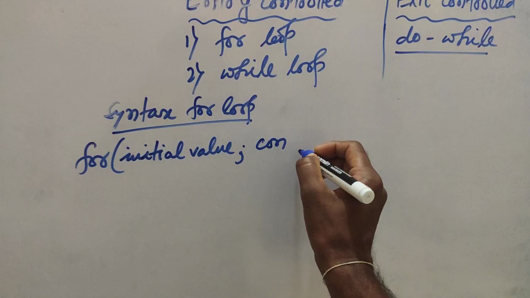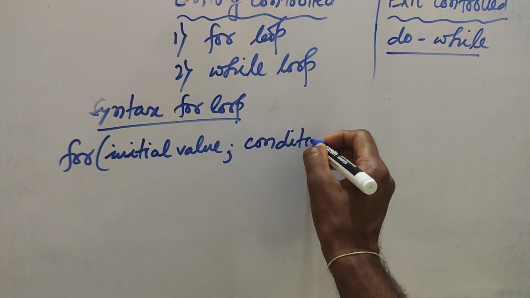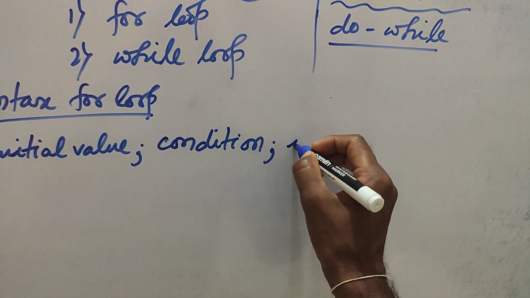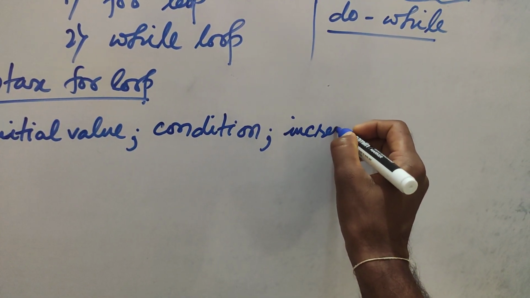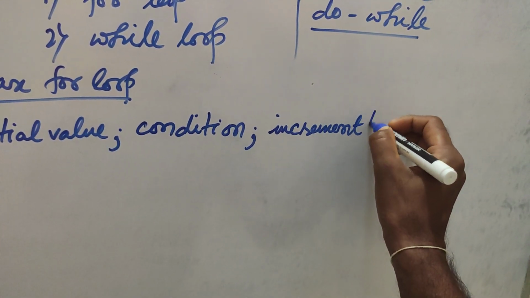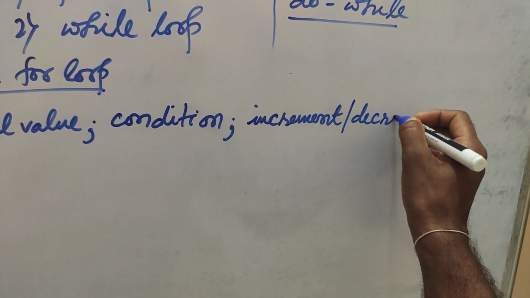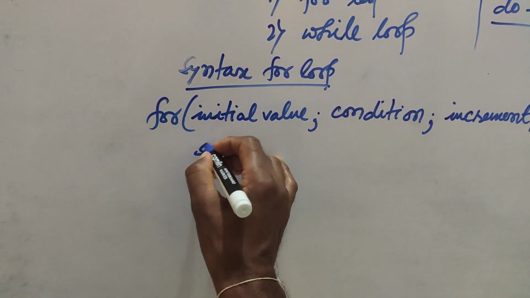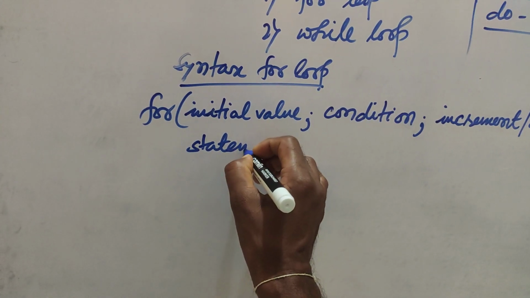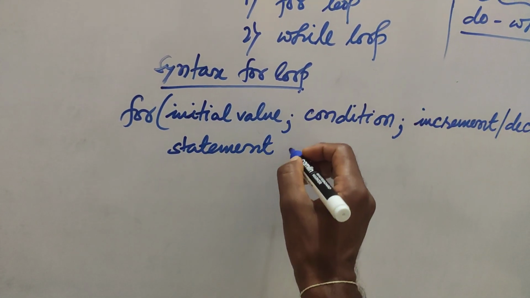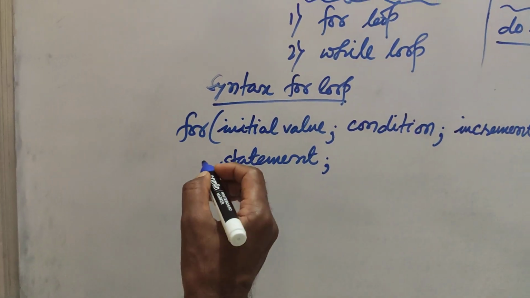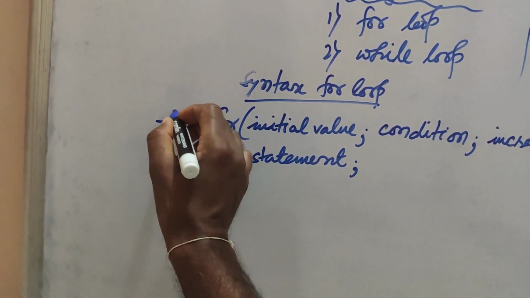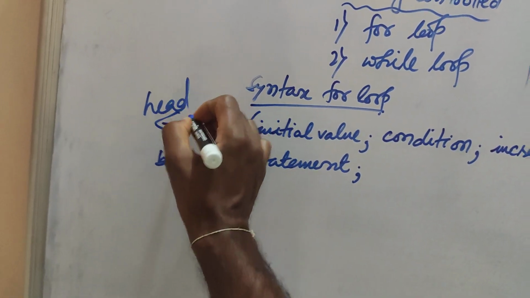Here condition, then here increment or decrement operator. Here statement. So this is body, this is head of the loop.